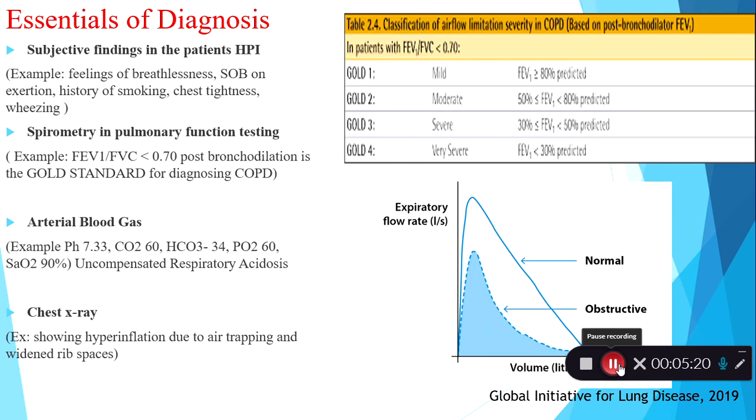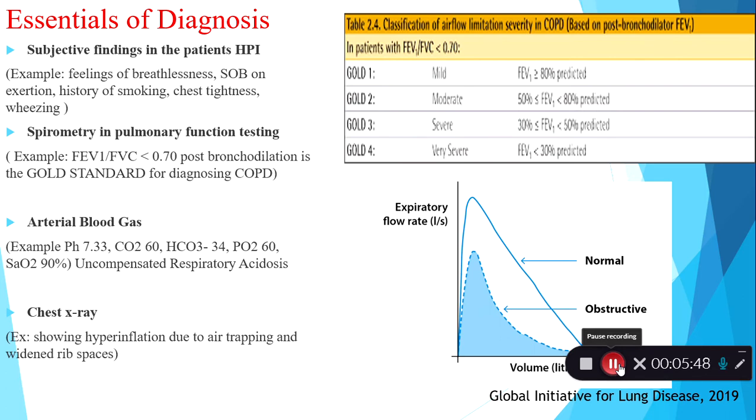The gold standard for diagnosing COPD is spirometry and pulmonary function testing. A patient that has a spirometry test of FEV1/FVC less than 70% post bronchodilation is the gold standard for diagnosing COPD.